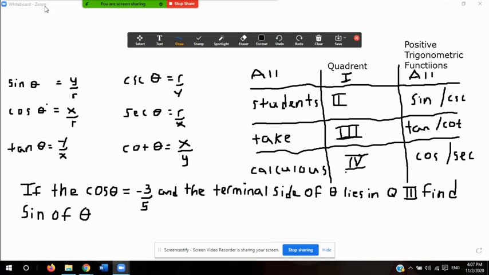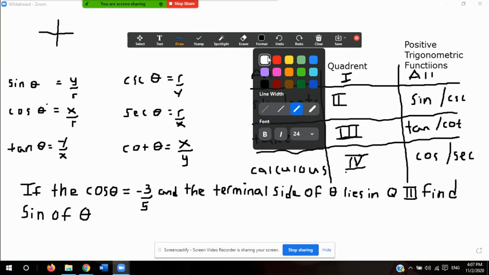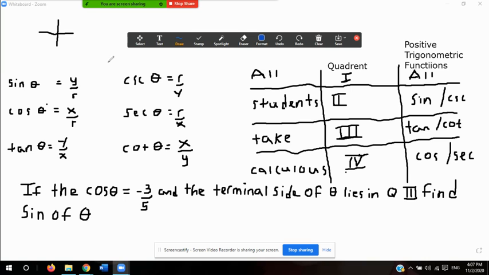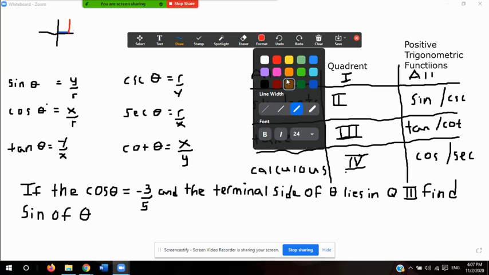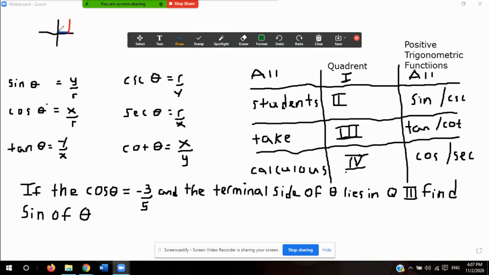If you remember in section 2.2, we were working with finding trigonometric values of a function on a Cartesian plane. And in that plane, we had our x's, usually horizontal, we had our y's, and we had our r's.